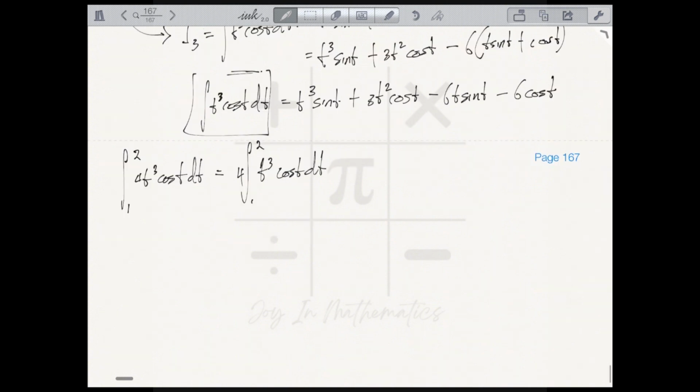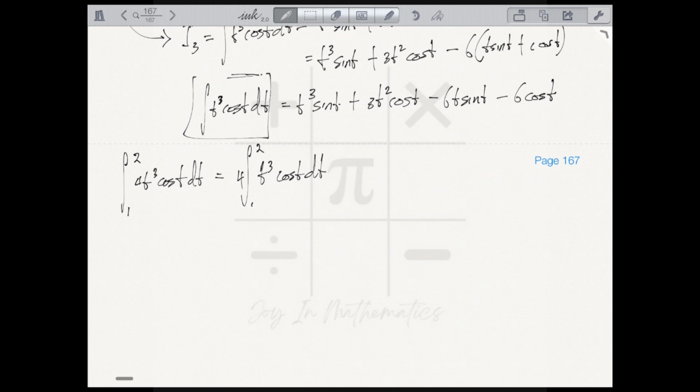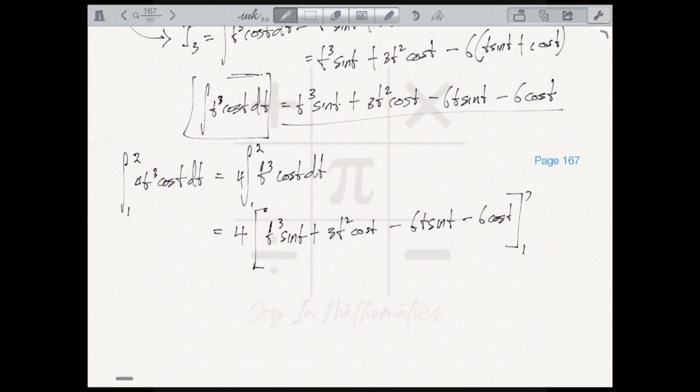Now we make our substitution since we have already integrated this. So this will become 4 into t^3 sin t plus 3t^2 cos t minus 6t sin t minus 6 cos t from lower limit 1 to upper limit 2.